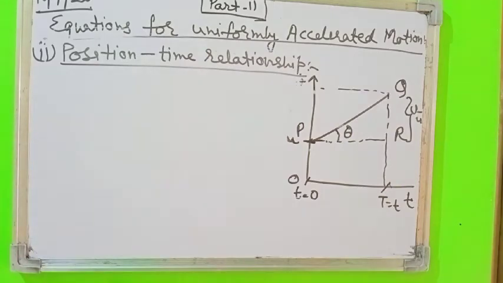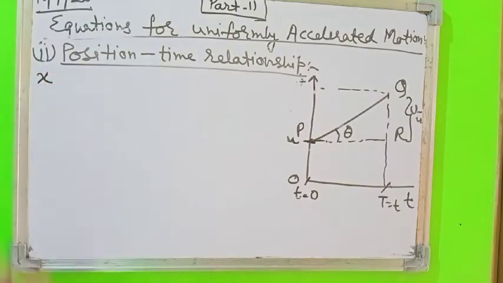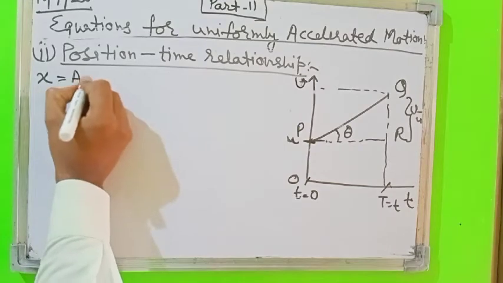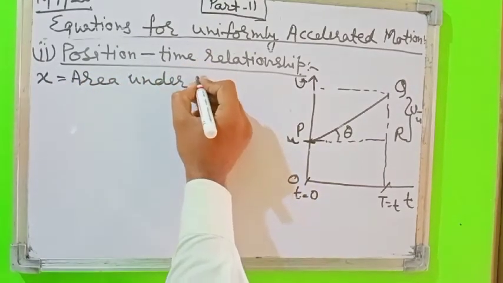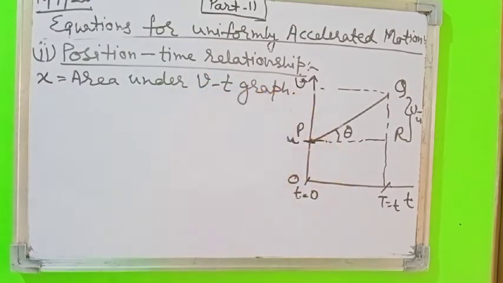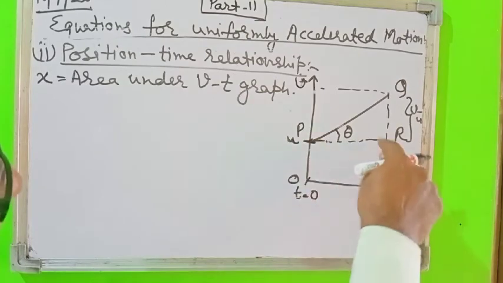For the position time relationship, the position or displacement can be given as the area under the velocity time graph. It gives us position. So how can you find the area under the velocity time graph? It is the area of triangle PQR plus the area of rectangle PRTO.